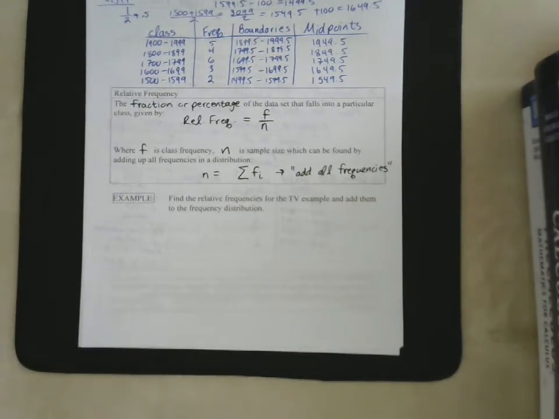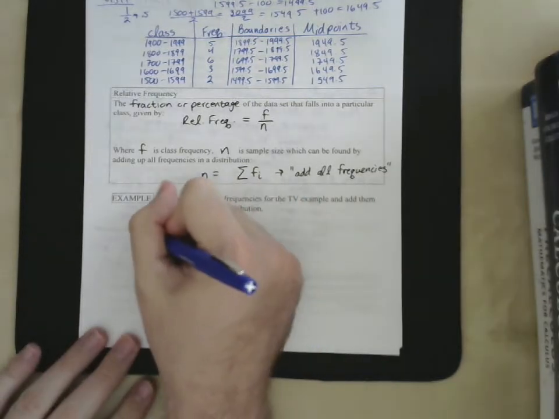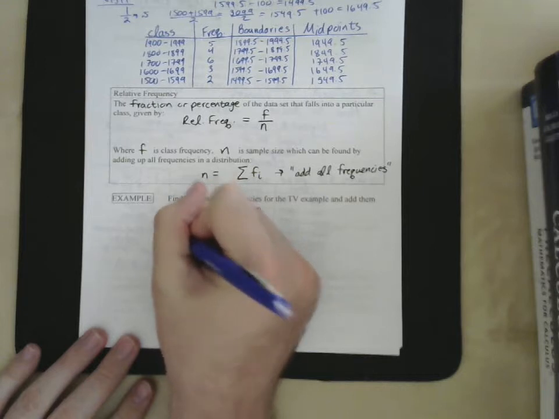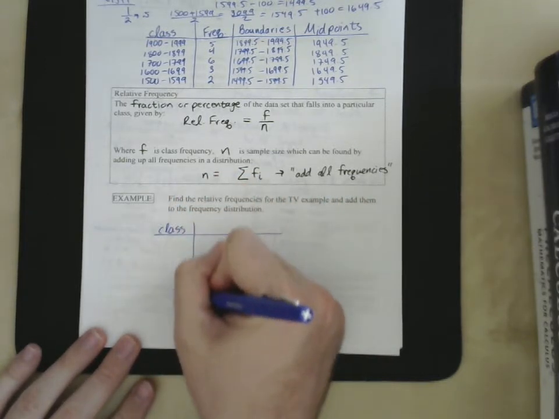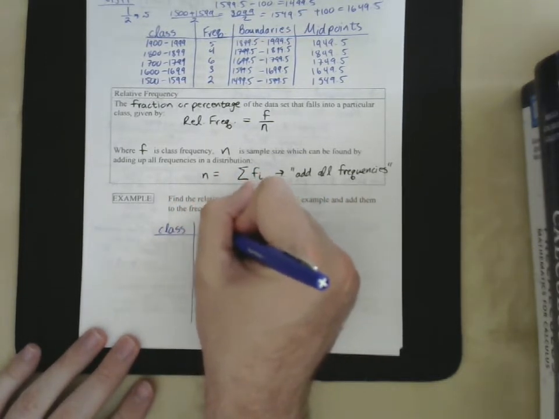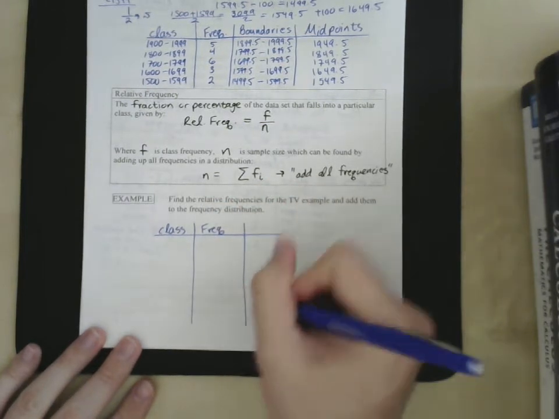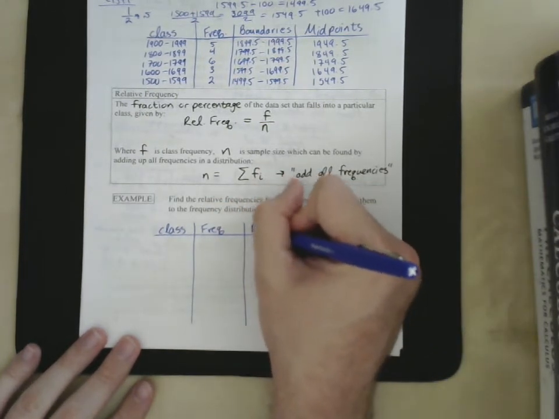Okay, so in this example, we're going to find the relative frequencies for the TV distribution, and then we're going to add them to our frequency distribution. So we're going to have our class, our frequency, and our relative frequency.